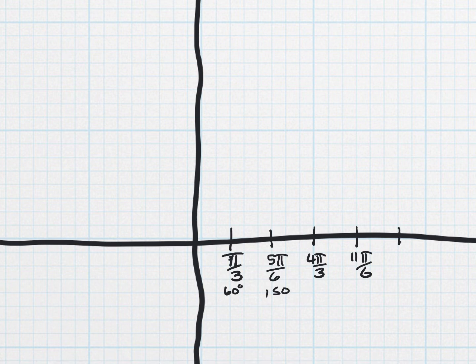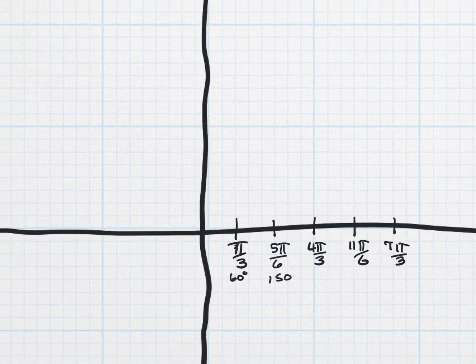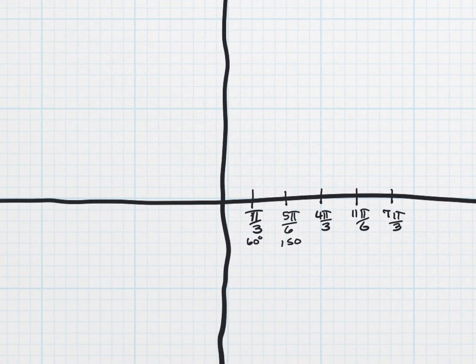And then 7 pi over 3. Now I got to go in the other direction. So right here is my negative pi over 6. Remember, in between each of these is 90 degrees. So from here to here is also 90 degrees.